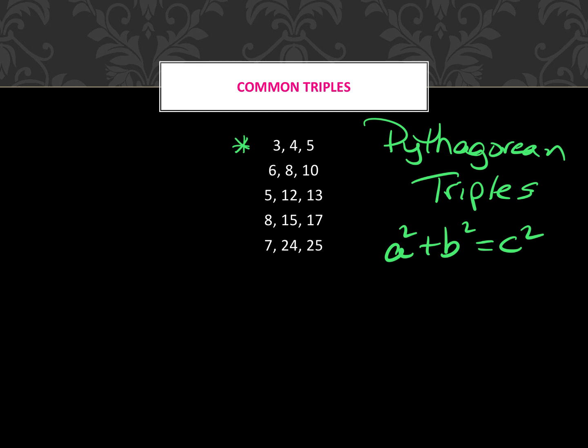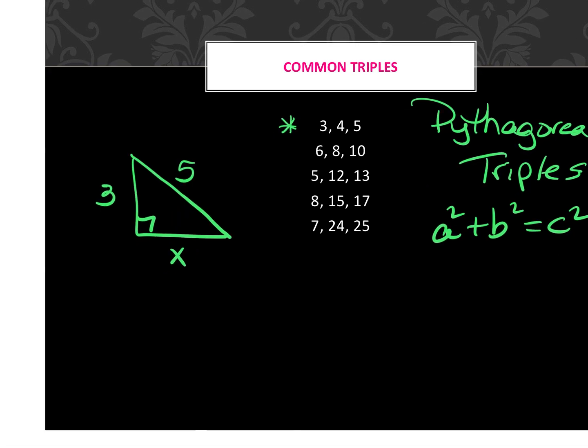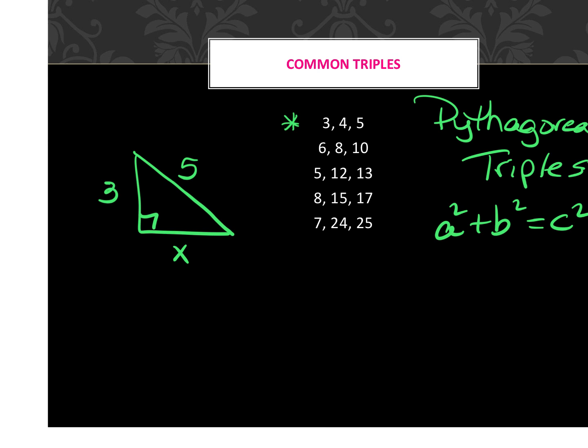If they gave you a picture of a right triangle, and let's say they had 2 of the sides labeled, and then they wanted you to find the missing side, if you recognize that this was the 3, 4, 5 triangle, then you don't have to worry about plugging these numbers into the Pythagorean theorem. So recognizing some Pythagorean triples could save time on a standardized test.